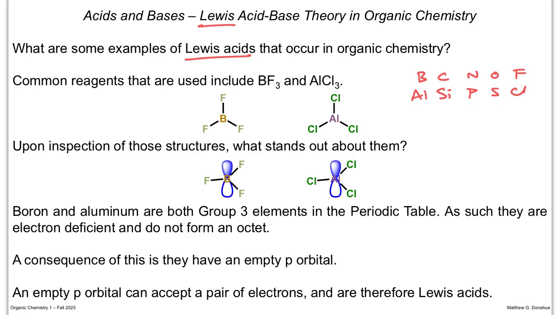It still has the possibility of forming 4 bonds to achieve an octet. And the way it can do that is it has an empty p orbital. So that p orbital is unfilled. That makes it a Lewis acid, because a Lewis acid can accept a pair of electrons.